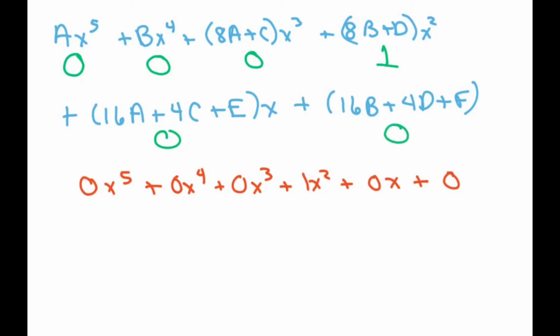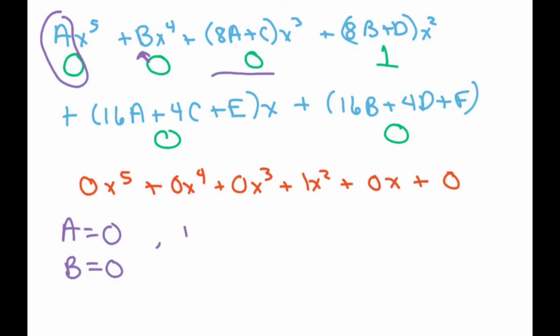So from here we know that A is 0, B is 0, but here we have 8A plus C equals 0.